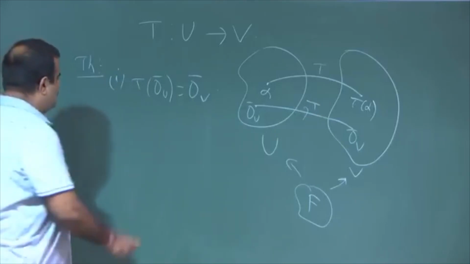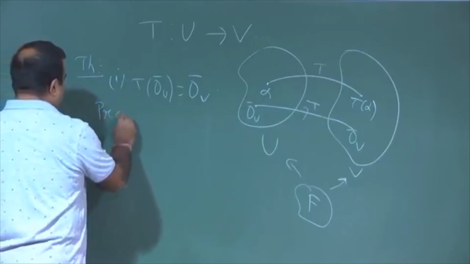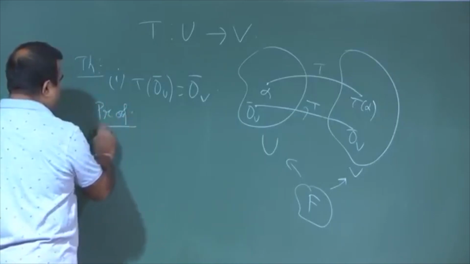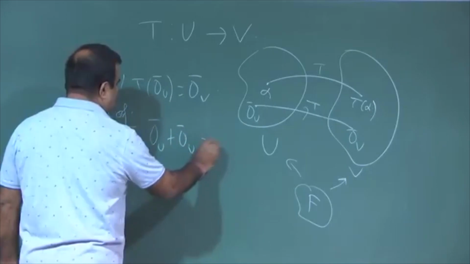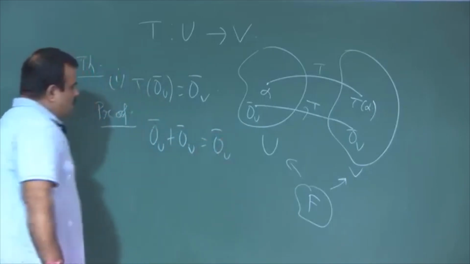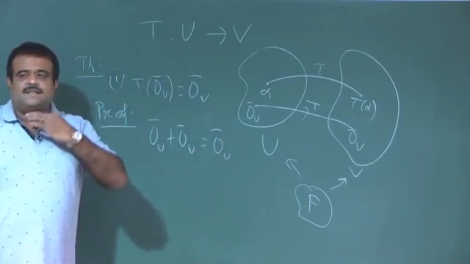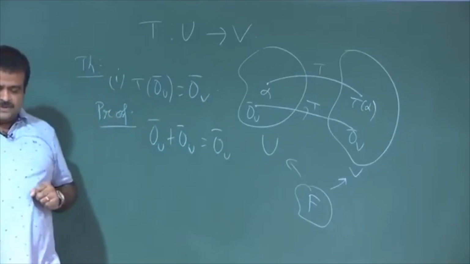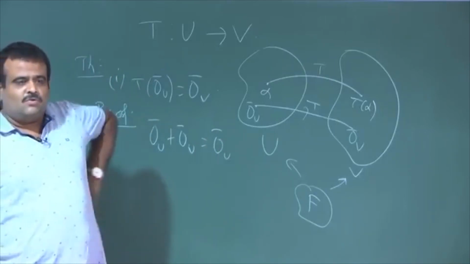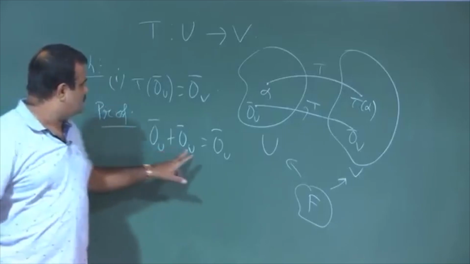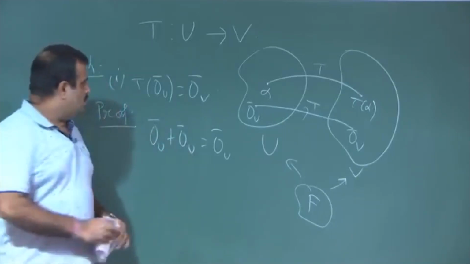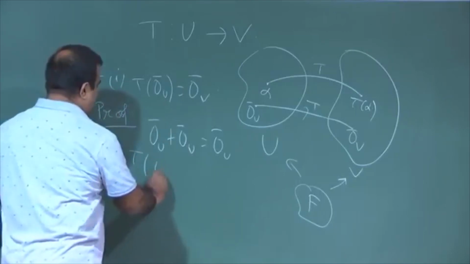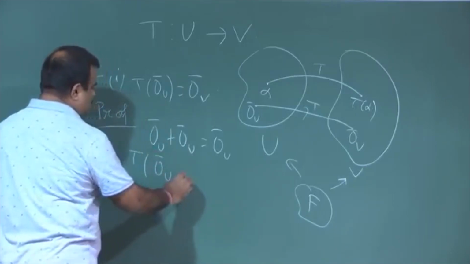How to prove that? To prove this, we take 0 plus 0, which is 0, because this is the identity element. We know a vector space means that it is an abelian group under plus. So, this is the identity element, so 0 plus 0 we can write as 0. Now, we take the linear transformation on this.